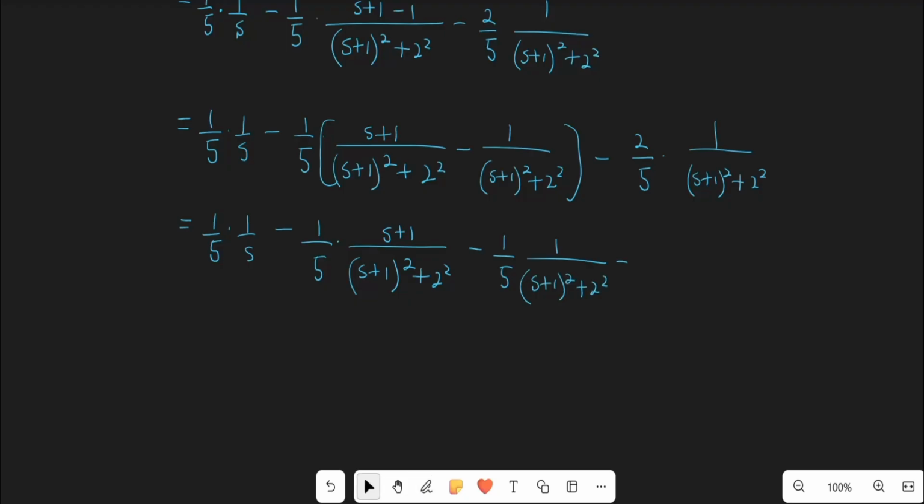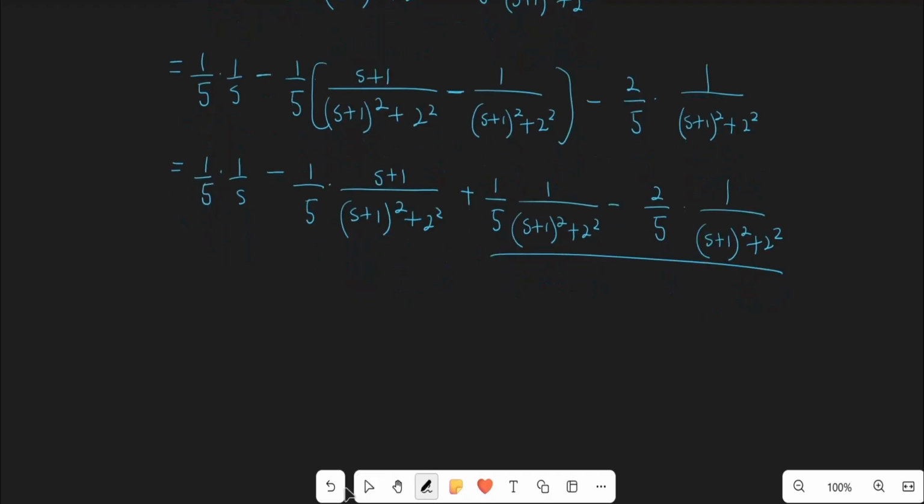And now minus 2 over 5 times 1 all over... it's not minus, so negative. I'm sorry about that. This one is going to be positive. All right, minus 2 over 5 into 1 over (s+1)² + 2². So this is what we have.